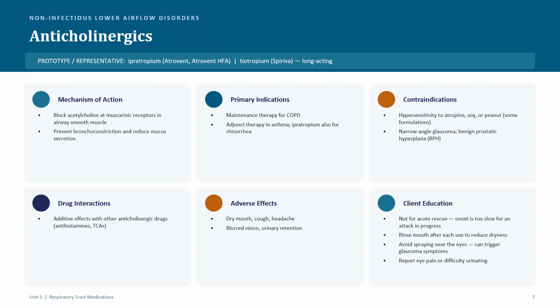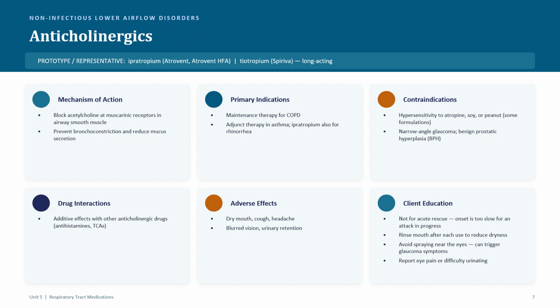And then, as we know with anticholinergics, they cause that drying up effect. So the side effects that the patients will see using these medications are dry mouth, blurred vision, and urinary retention. Those are your classic anticholinergic effects.